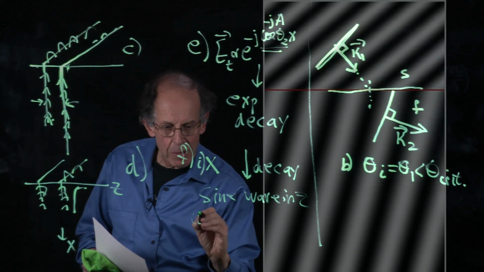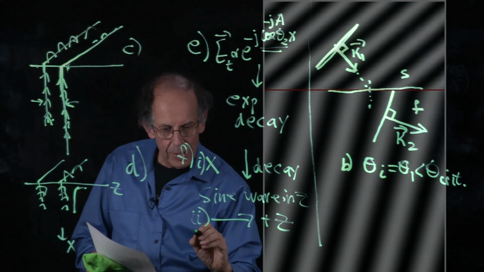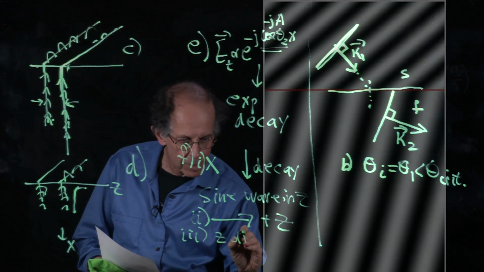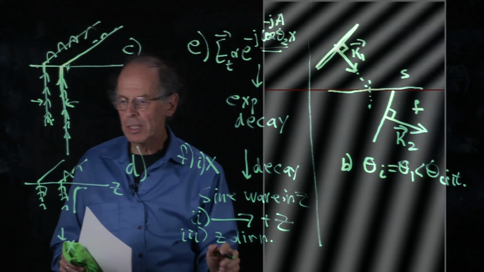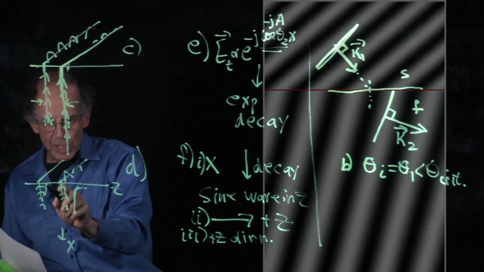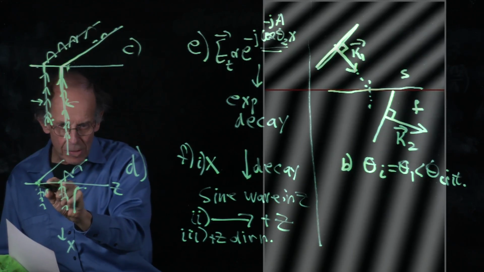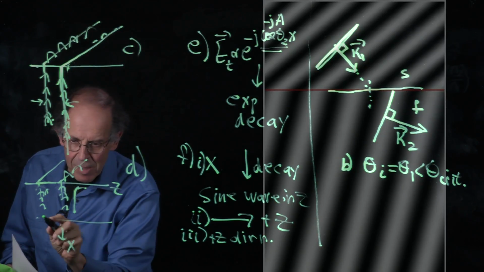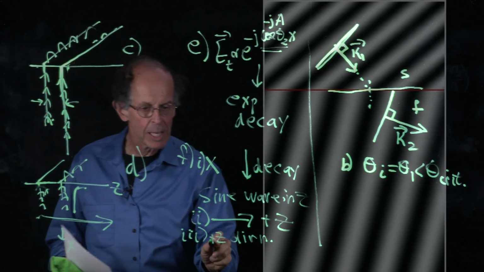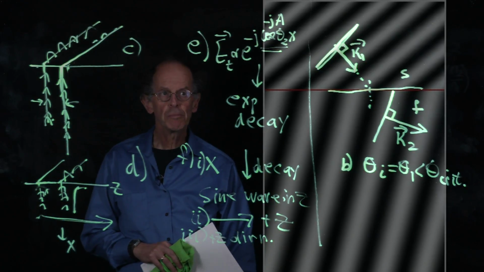The wave is traveling in the z direction, and the energy is also in the z direction. And why is it in the positive z direction? Well, you could see that right near the interface, we have just this peak which matches, so the energy is going that way along the interface, but nothing is going down, and the answer is in the plus z direction. You don't have to compute the Poynting vector.